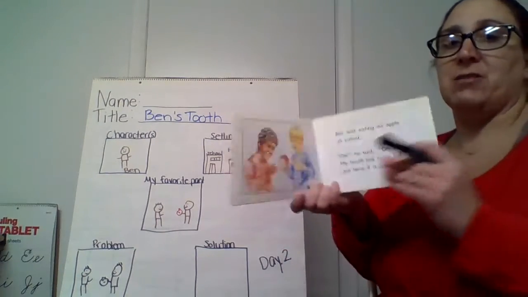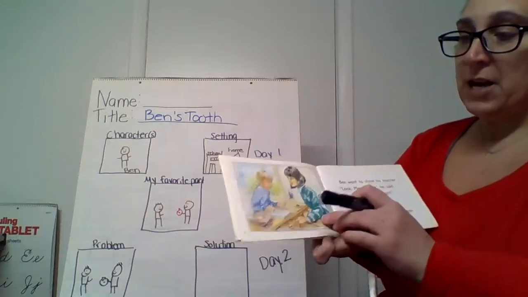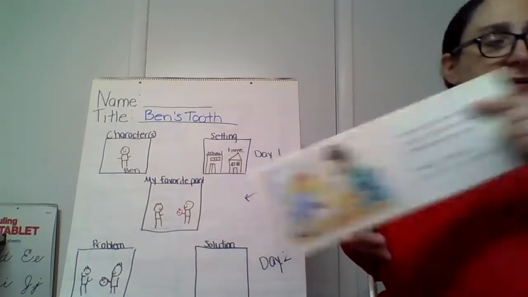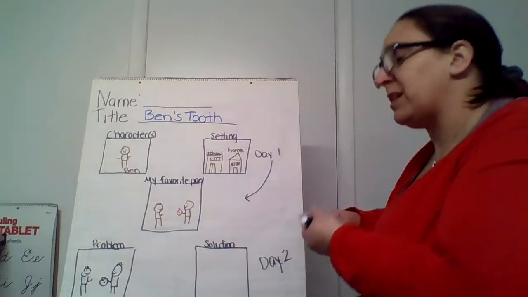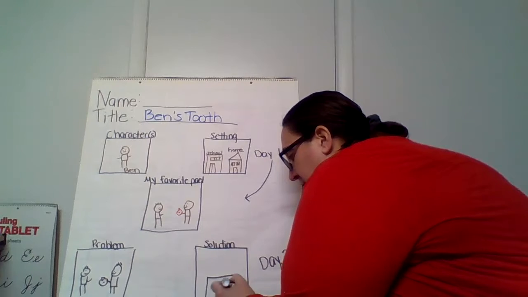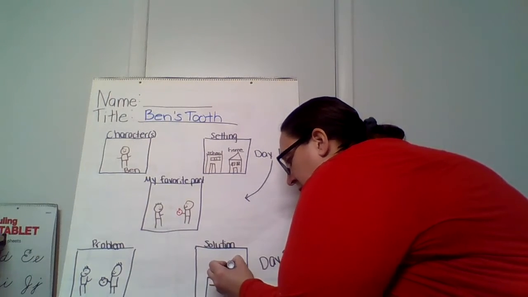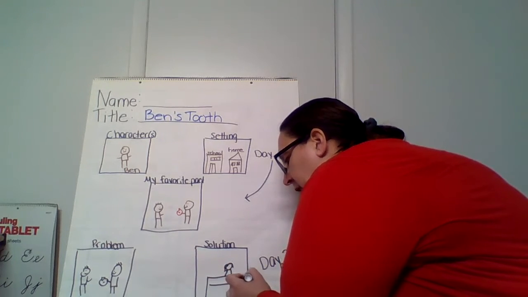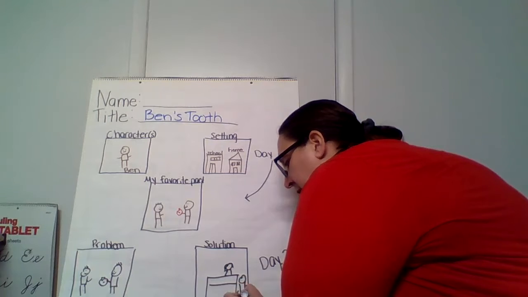Well, let's look at the next page. He goes to the teacher, and the teacher puts it in a little box. So the solution is, so he doesn't lose the tooth, the teacher, here's the teacher behind her desk, gives Ben a box.